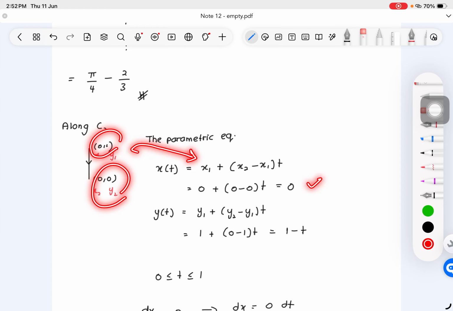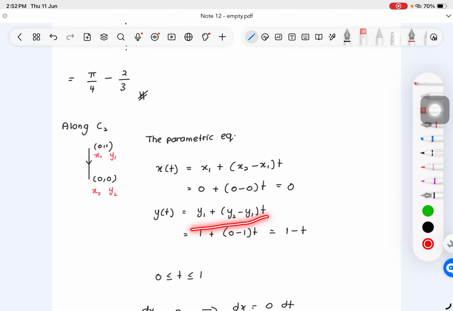For y(t), y(t) is equal to y1 plus (y2 minus y1) times t. Substituting the points, you get y(t) equal to 1 minus t. After you obtain x and y, you can find dx and dy.